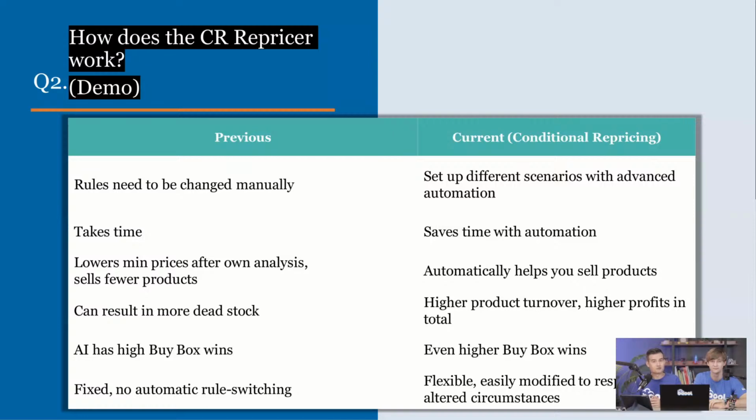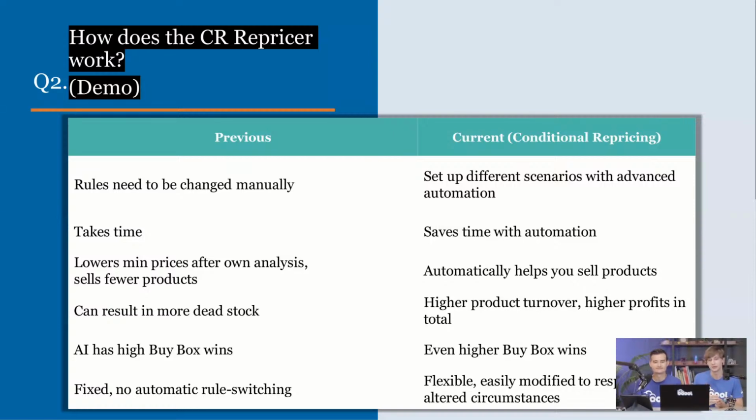Alex, what are some differences between AI and conditional repricing? The best thing is that for one listing you can assign a lot of different rules, like AI rules, rule based, and many others, which will switch depending on the market condition, your sales, or the time the item has been selling. Before, in AI, you still needed to manually change those rules.